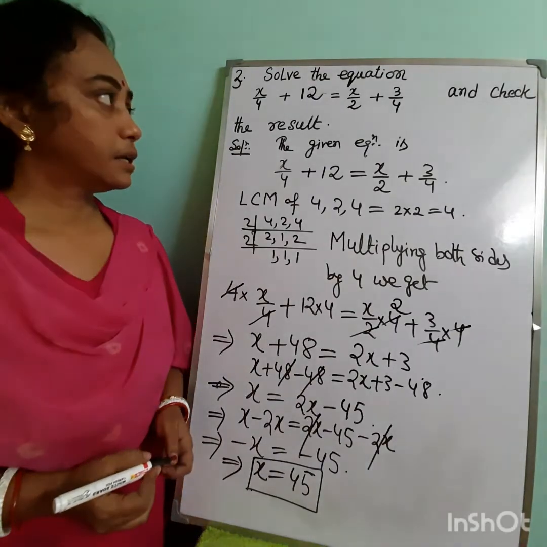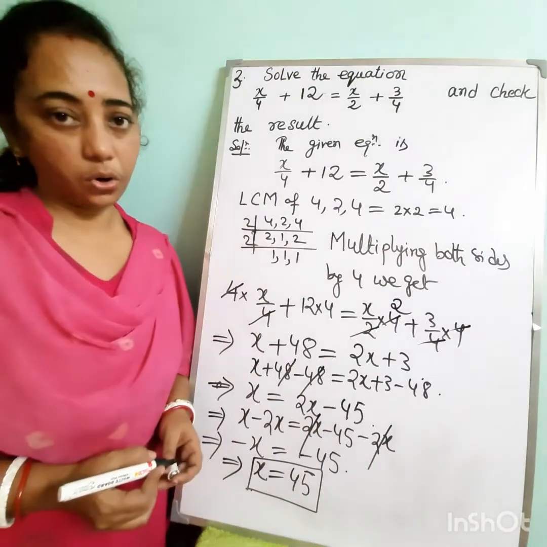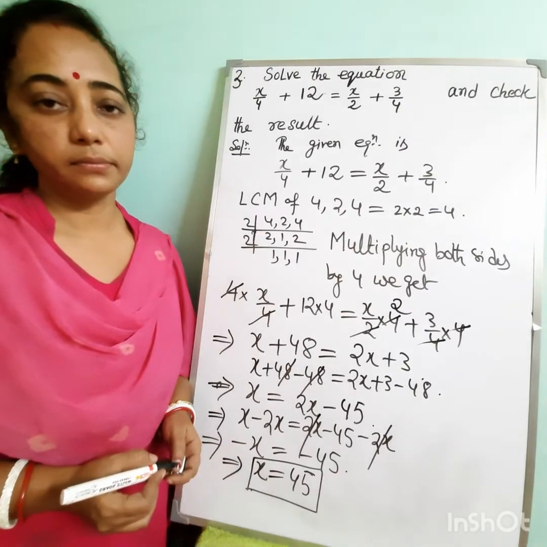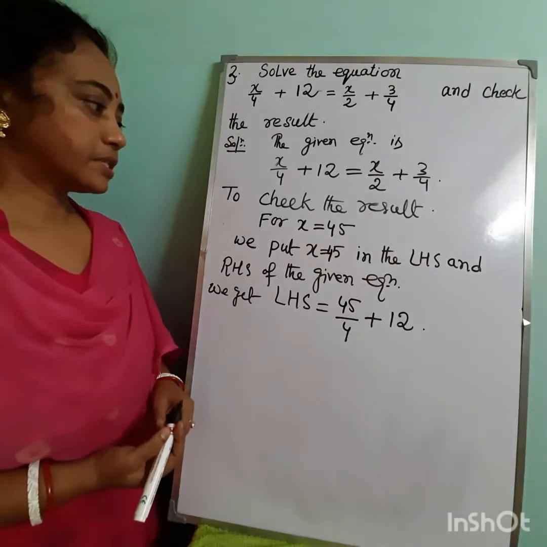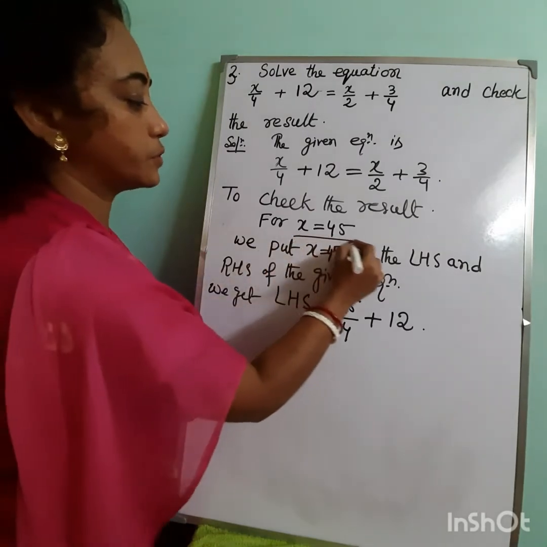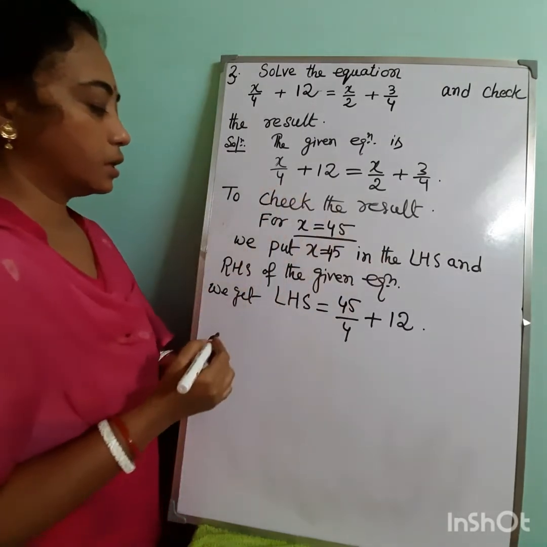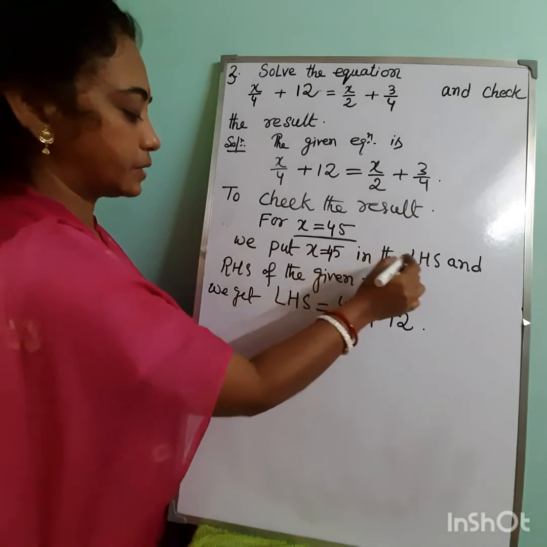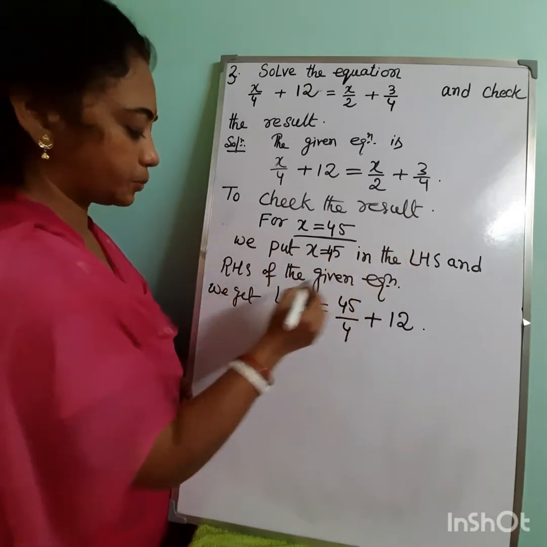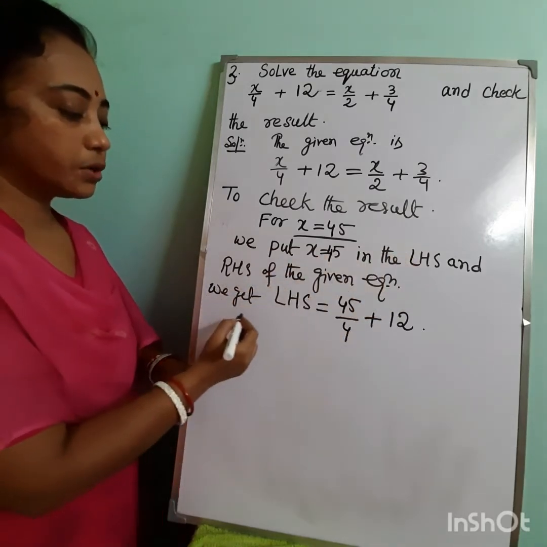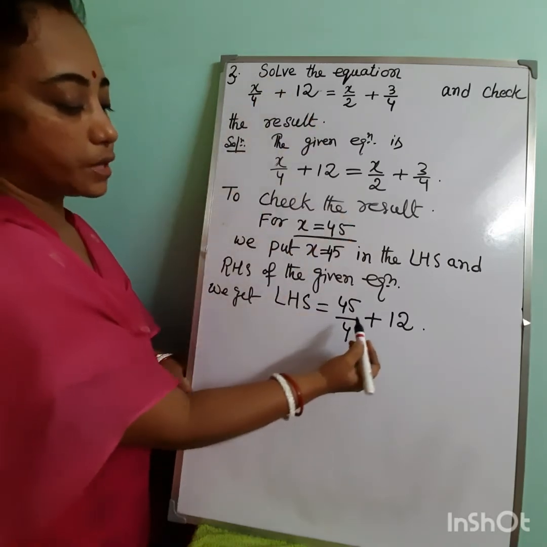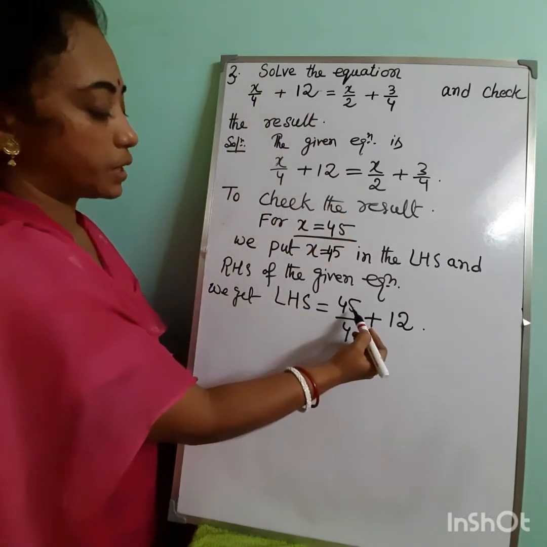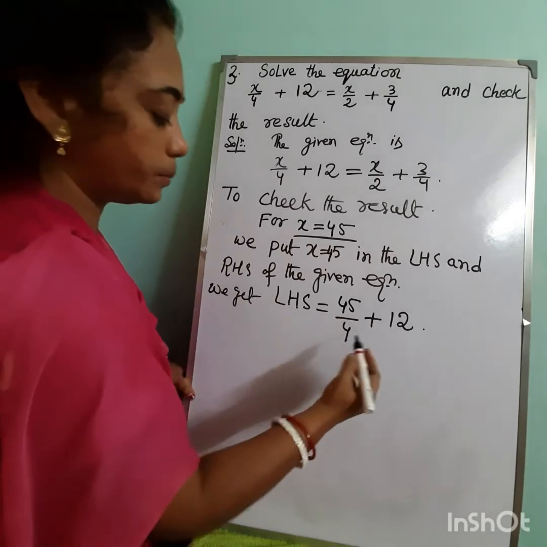Now we will check whether this solution is correct or not. Let us check the result for x equals 45. We put x equal to 45 in the left hand side and right hand side of the given equation. Left hand side: in place of x we put 45, so it becomes 45 by 4 plus 12.